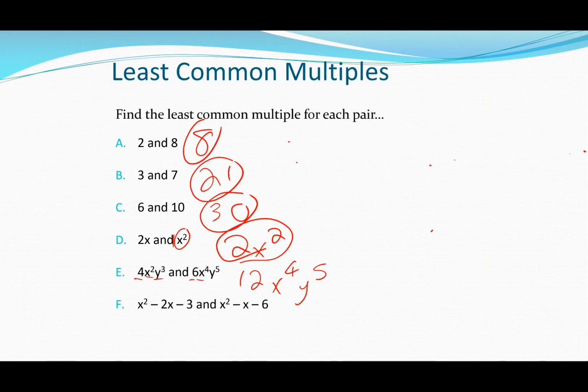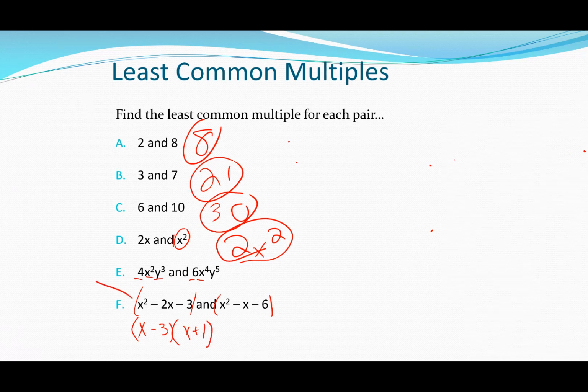And then lastly, which gets really more interesting, is these. Now, to know what the multiples of these are, you have to actually factor them first. So the factors for x squared minus 2x minus 3 are going to be x minus 3 and x plus 1.